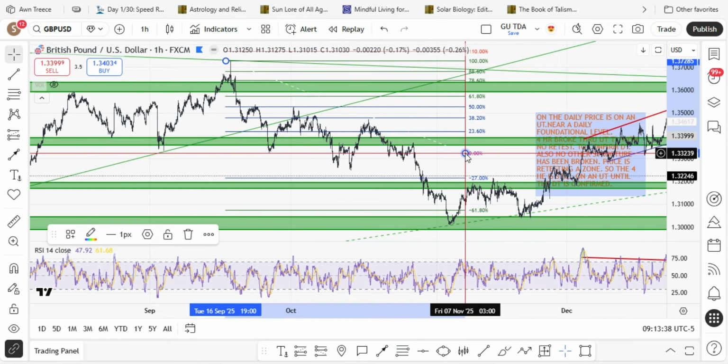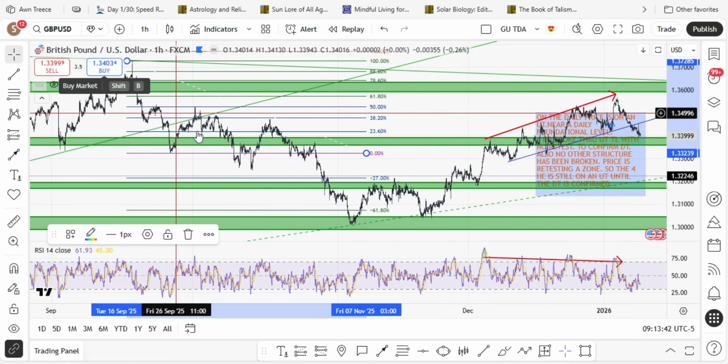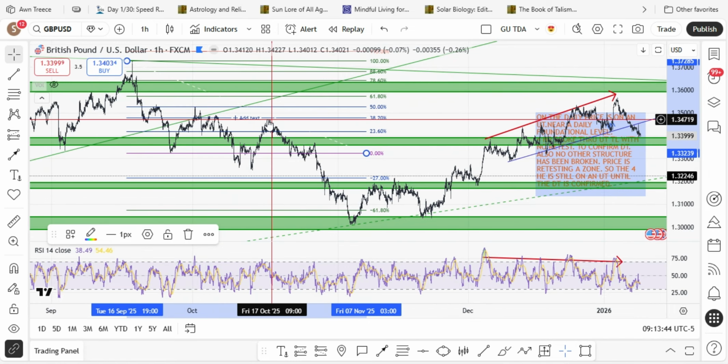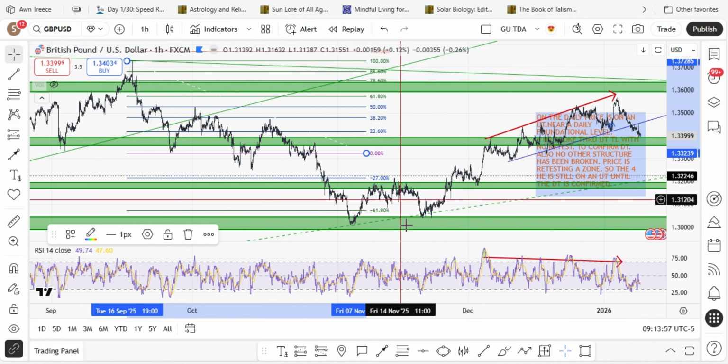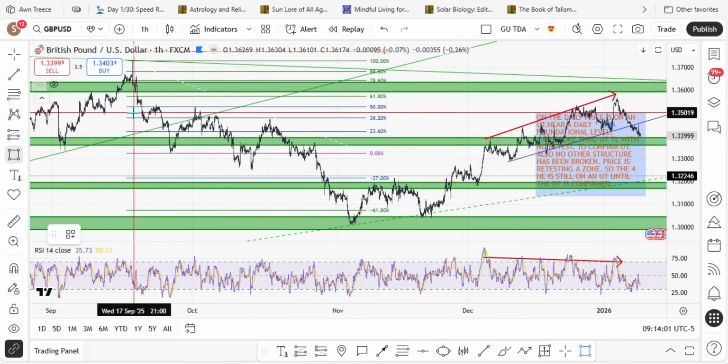Either one of them. I'll just leave it there. Okay, so that's impulse correction continuation. This is last lower high.